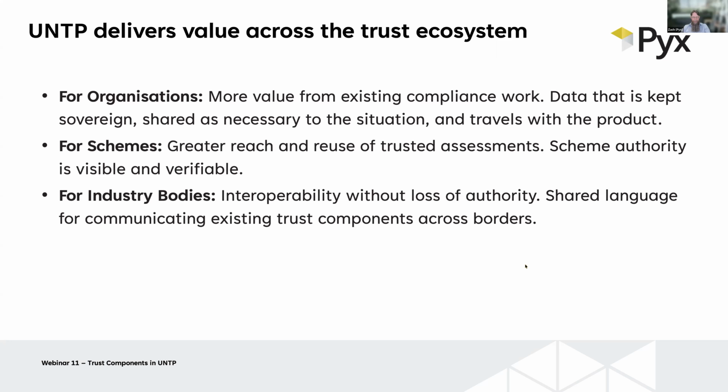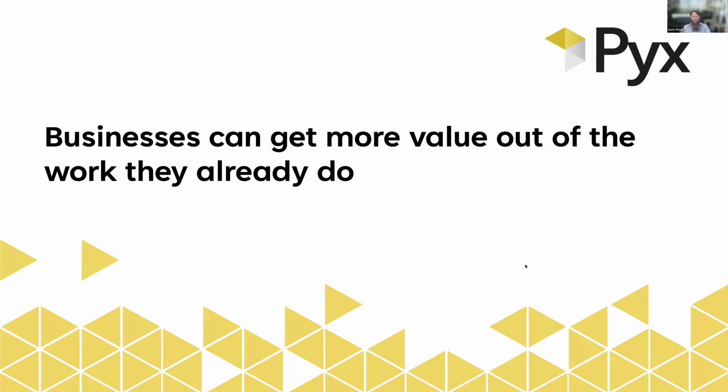And that membership is defined by the boundaries of your location, but that pattern can repeat across multiple different industry and membership organizations and bodies. So businesses can get more value out of the work they already do.